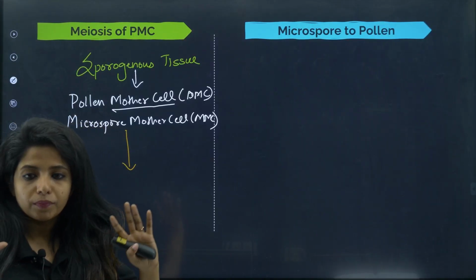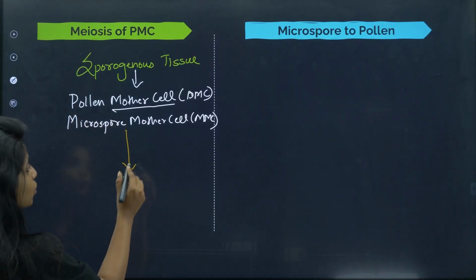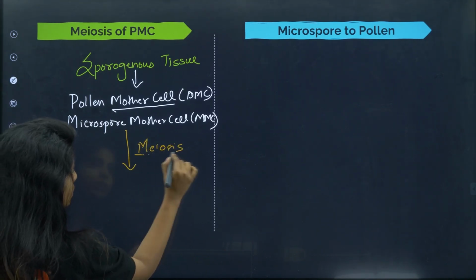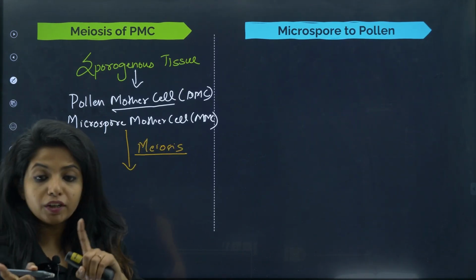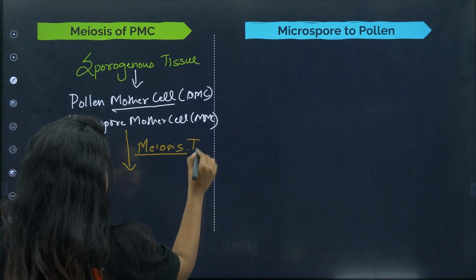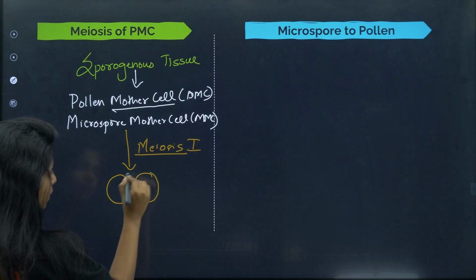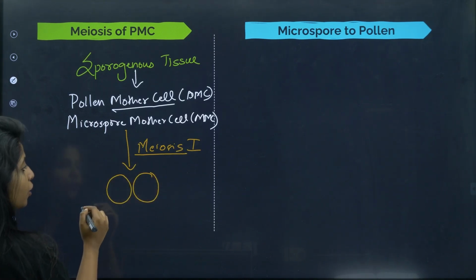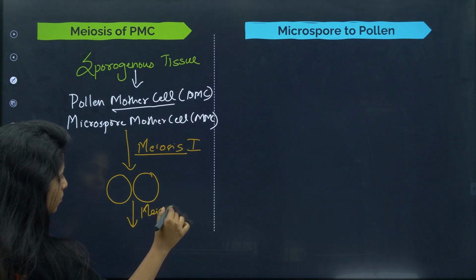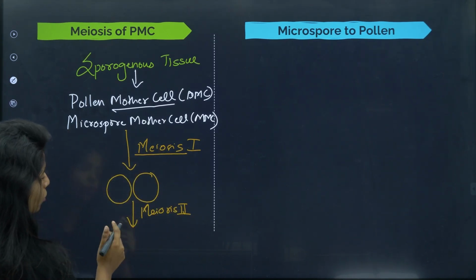Okay. So, the pollen mother cell or the microspore mother cell is going to undergo meiosis, and meiosis, you know, is divided into two stages, meiosis 1 and meiosis 2. So, it undergoes meiosis 1 and then it forms 2 microspores. These microspores will again undergo meiosis, that is meiosis 2. In meiosis 2, this cell will divide into 2, this cell will also divide into 2.